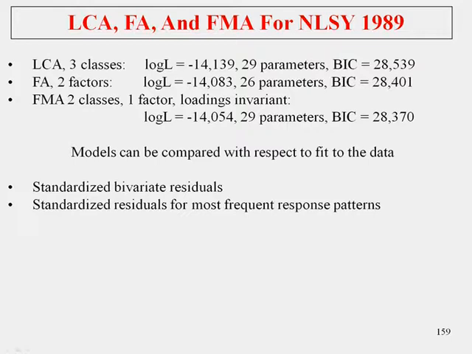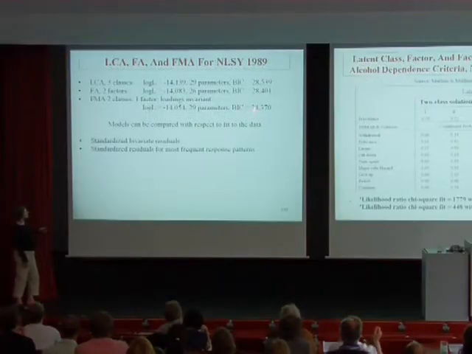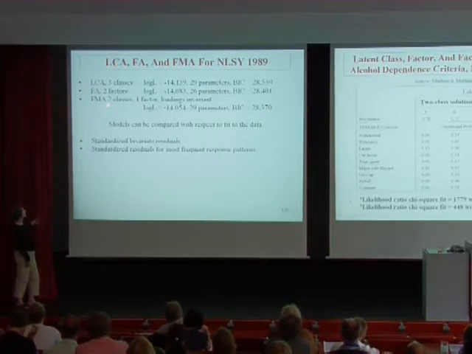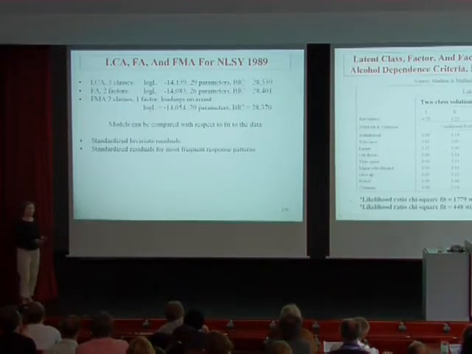And if you look at the factor mixture analysis, 2 classes, 1 factor, with the factor loadings invariant, the BIC with 29 parameters goes down to 28,370. So this implies that the factor mixture analysis model is a better fitting model for these particular data.